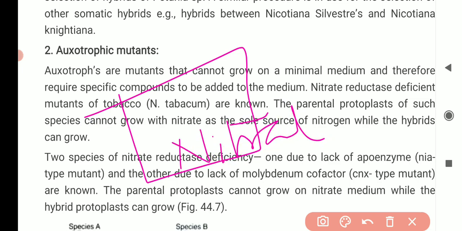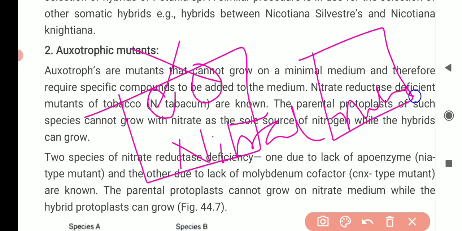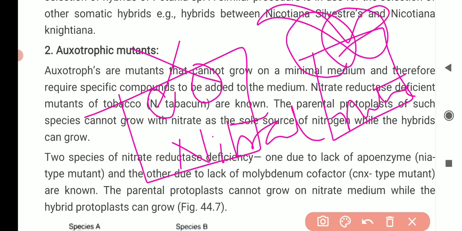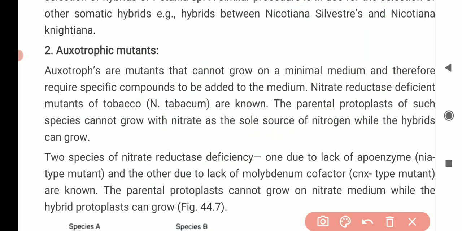The mutants could not grow, but the normal ones grow nicely in the nitrate medium because they do not have the deficiency. They have this enzyme that can reduce the nitrate.